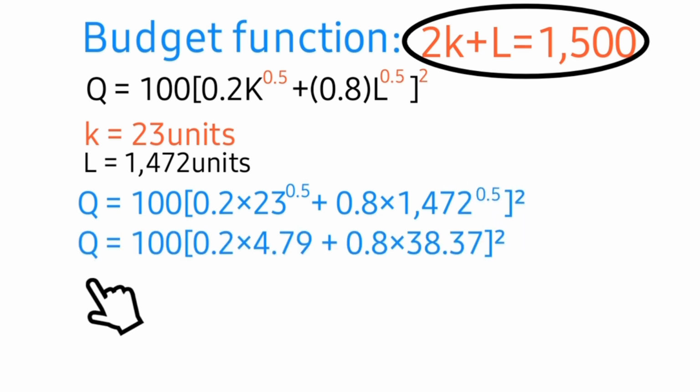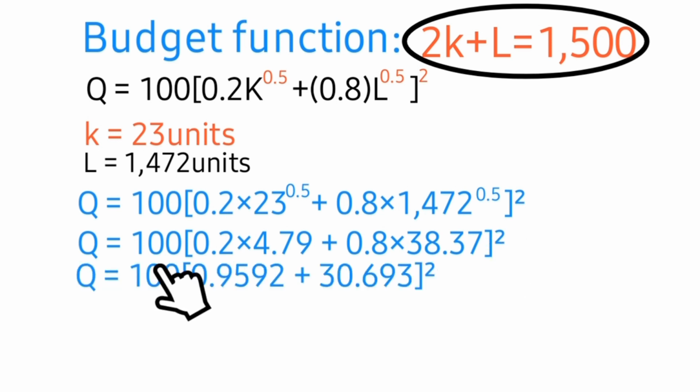Going forward, Q equals 100 times 0.2 times 23 raised to the power of 0.5, which is 4.79, plus 0.8 times 1,472 raised to the power of 0.5, which gives 38.37, all squared. 0.2 times 4.79 gives this value, plus 0.8 times this value gives 30.693. Of course, we close our square bracket, all squared.